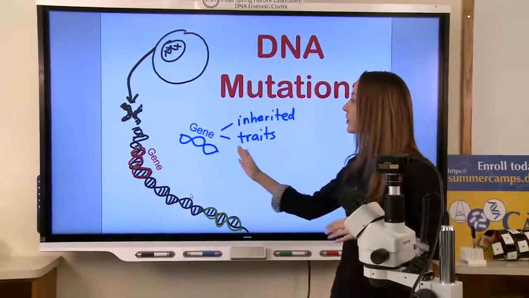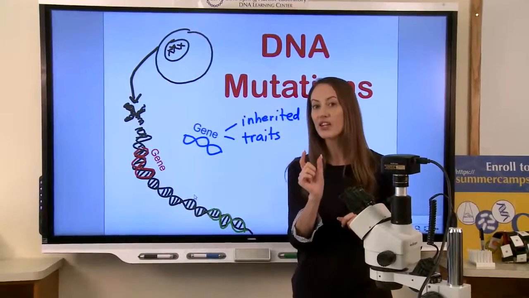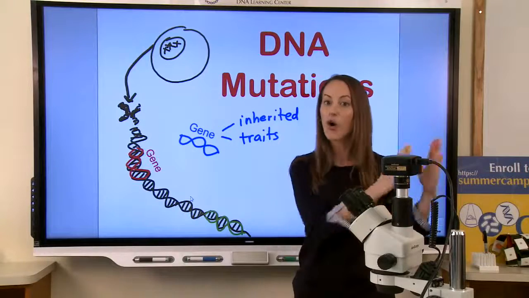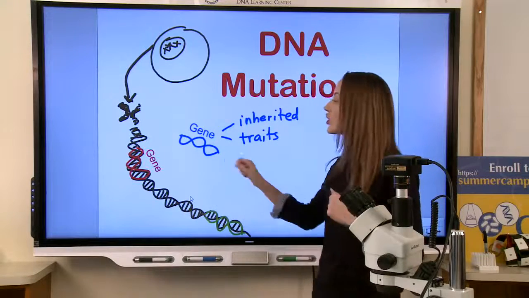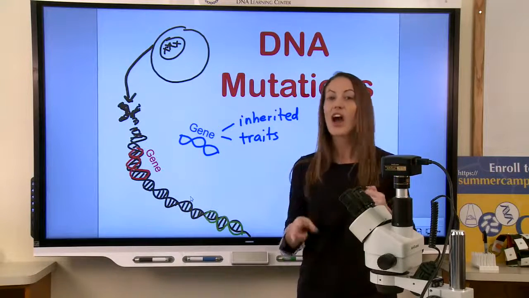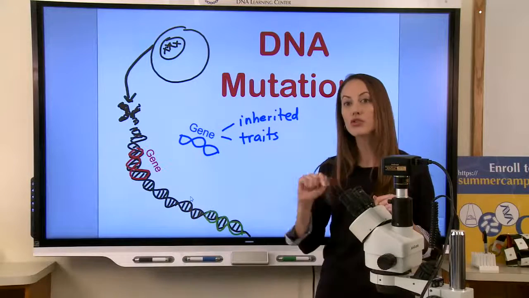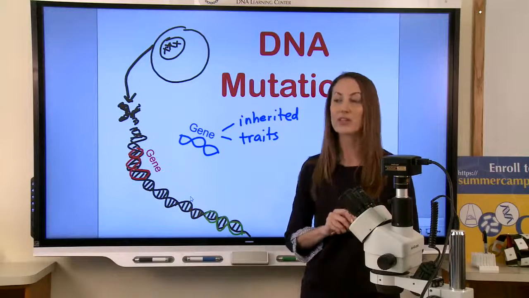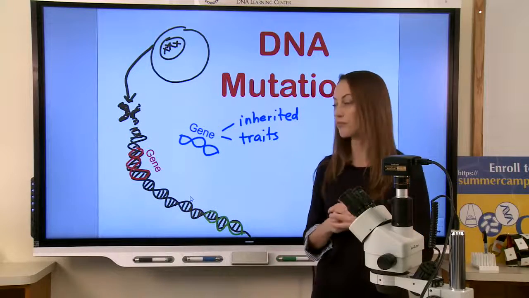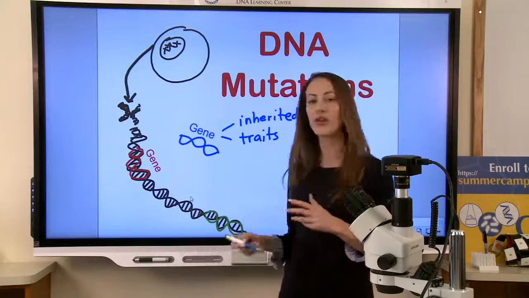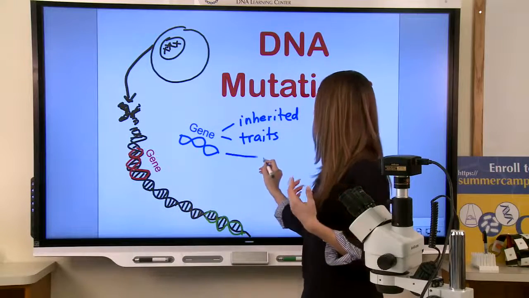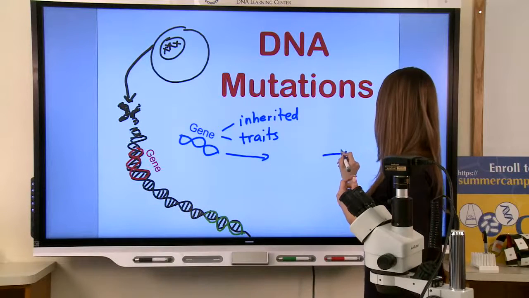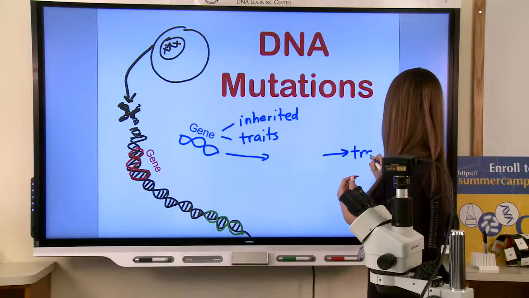All right. Now, when we're talking about a gene, we're talking about just a section of that very large DNA, all of those instructions. A gene is basically, the way I think of it, a recipe that codes for that specific trait, whether it's your hair color or your eye color. Now, before a gene can give you that trait, it codes for something in between.